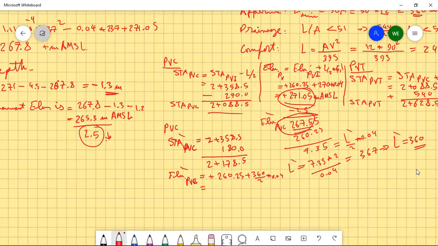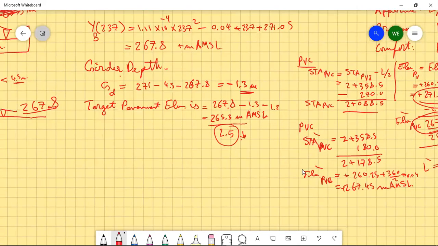So this would be 267.45 meters above mean sea level.